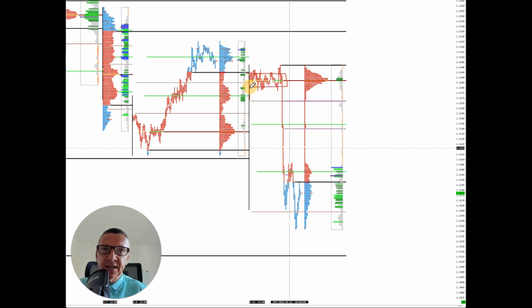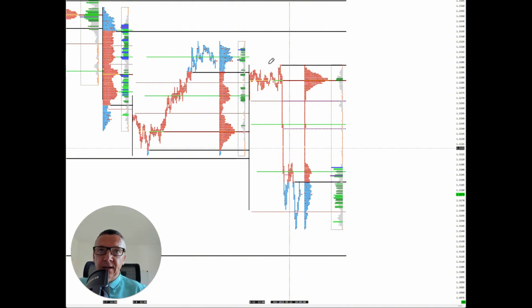This is the consolidation in Asia, and we can see we've sold off all day. We've actually gone lower than this value area low here. But in this example, I'm going to show you how to trade a small consolidation with the expectation to go imbalanced to the other side of value.